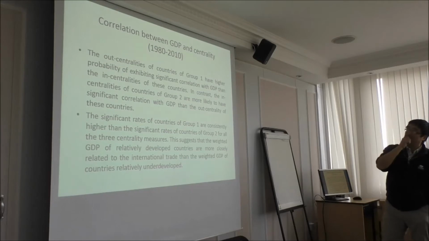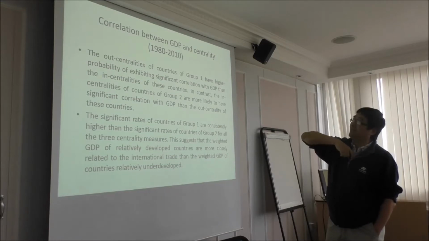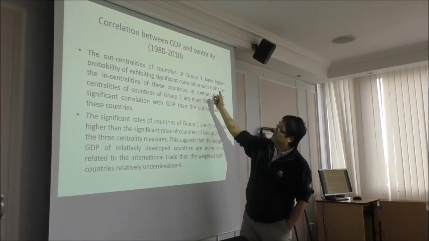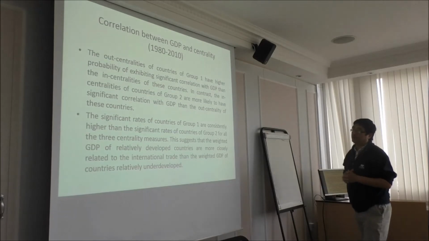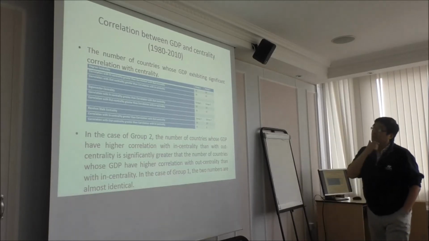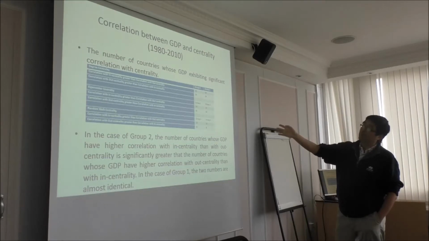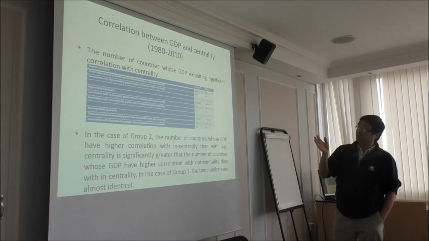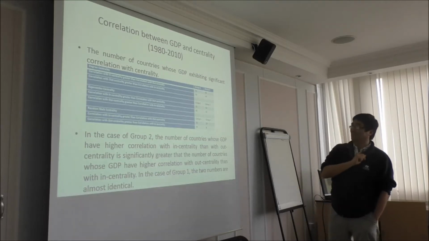The correlation between GDP and centrality, the summary is that the out-centralities of countries of group 1 have a higher probability of exhibiting significant correlation with GDP than the in-centrality. So we rely more on export than on import. For the developing countries, it's just the opposite. Well, this is the absolute number. We said for group 1 countries, we rely far more on export than import to develop our economies.